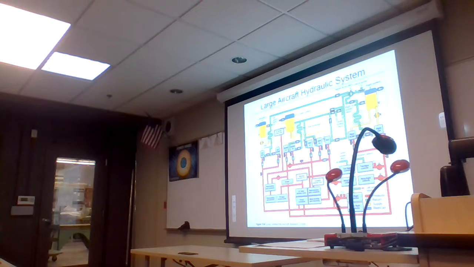So you'll notice, again, a lot of those systems support not only an engine-driven pump, but also an alternating current motor pump for left, right, and center. We also have specialty pumps aboard the aircraft. On a large commercial aircraft there's a specialty pump called a RAT, which stands for Ram Air Turbine.